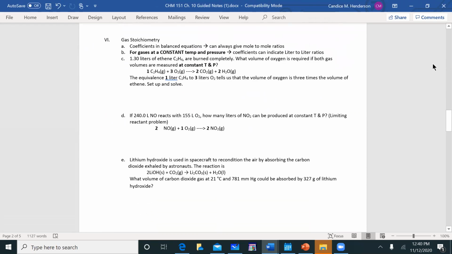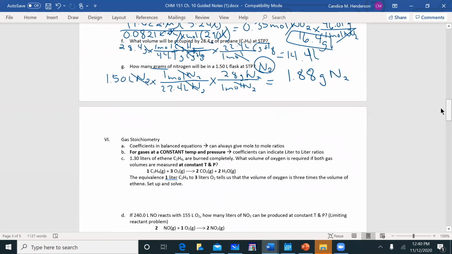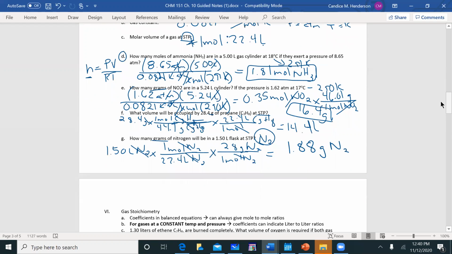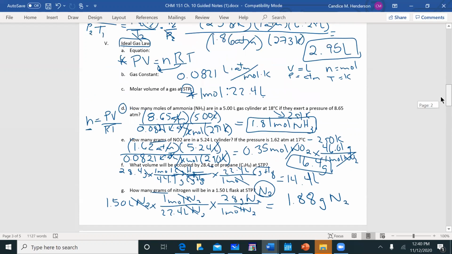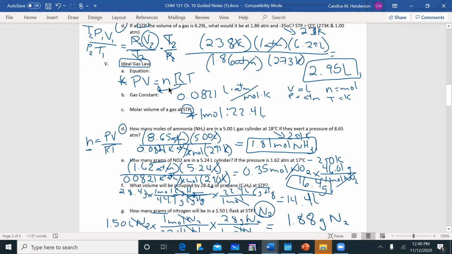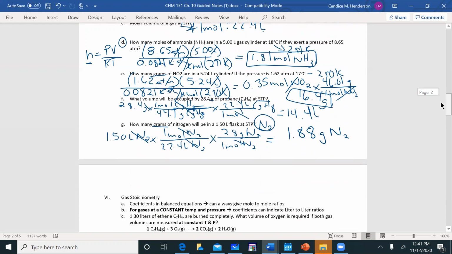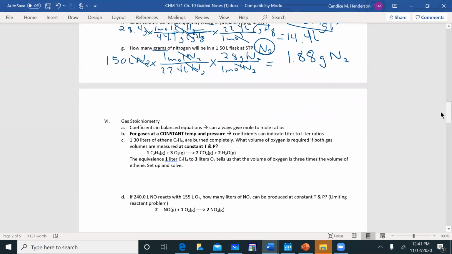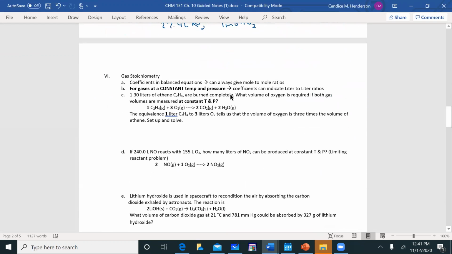All right, so in our PV = nRT equation up here, there is an n amount, and n is in moles. Anytime we can get a value of moles of something, we can play around with stoichiometry as long as we have a balanced equation.